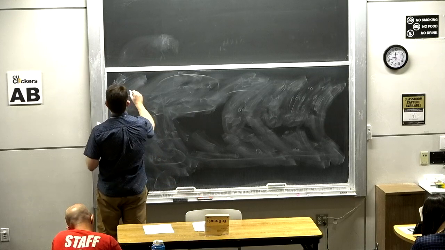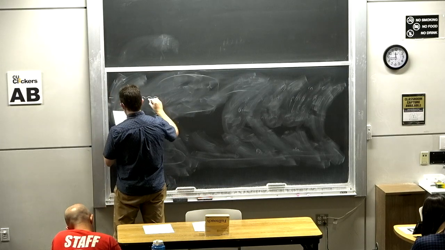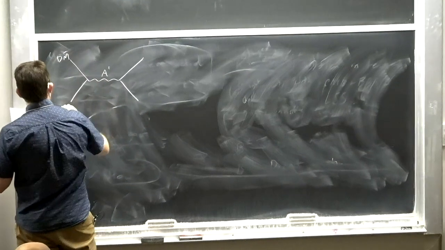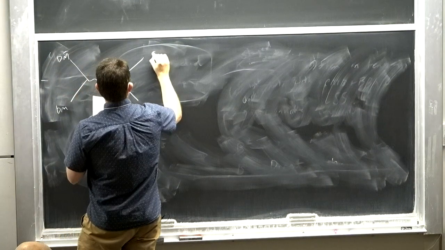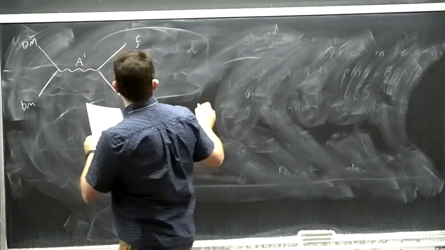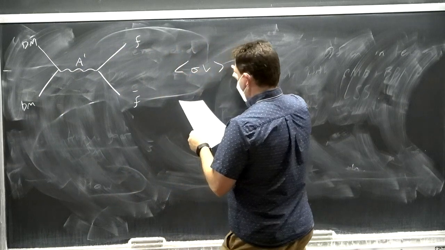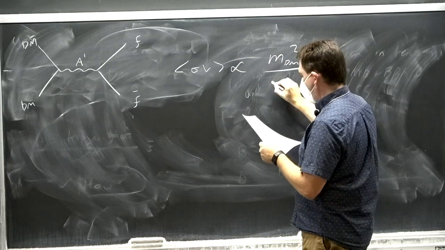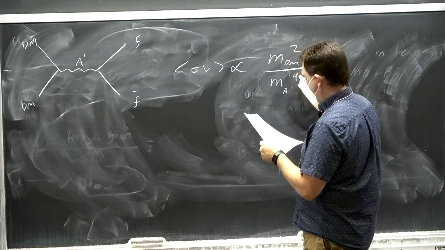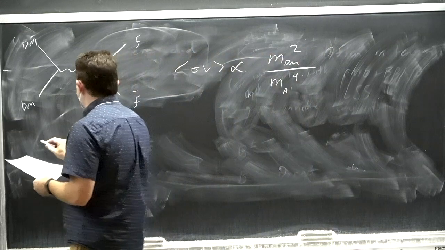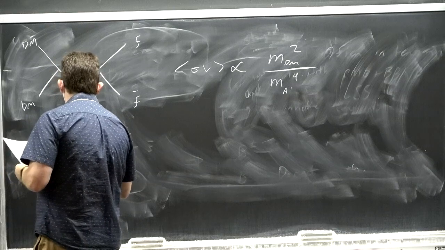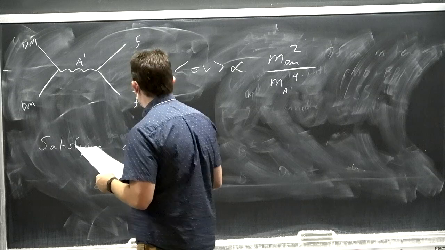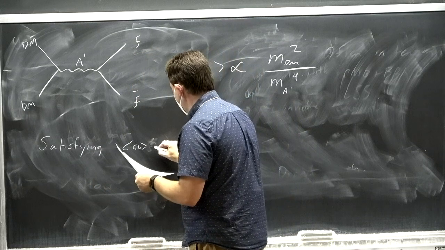Okay, so just to summarize this point, because again, this motivates thinking about dark sectors in the context of light dark matter. If you are going to have a direct channel to the standard model, the annihilation rate goes like the dark matter mass squared over the mediator mass to the fourth. And so satisfying sigma v, and this is a statement that applies to very minimal models. There's ways around this.